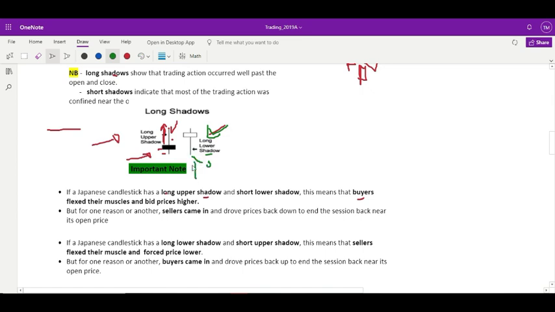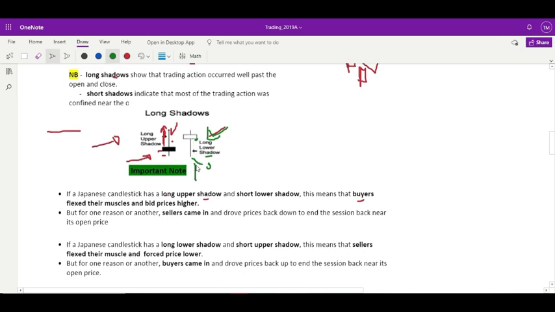But at some point, buyers came in and pushed the prices up and it closed nearly at the opening price. The sellers flexed their muscle and pushed the price down, but it ended up closing nearly at the opening price.